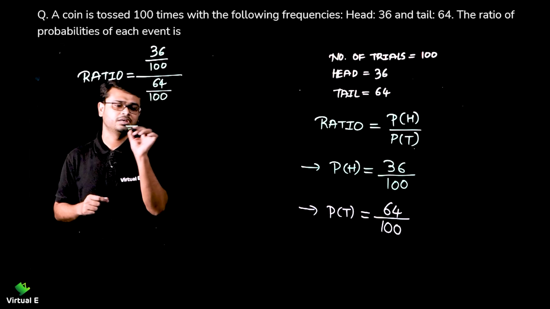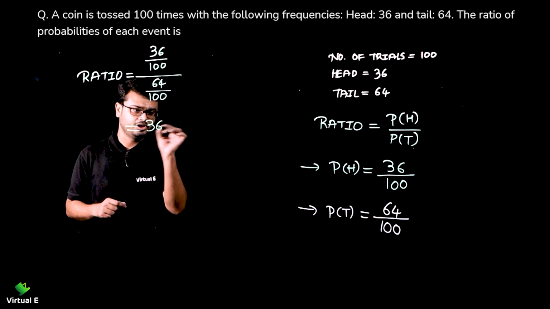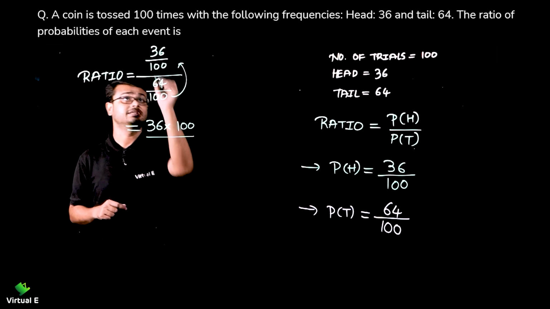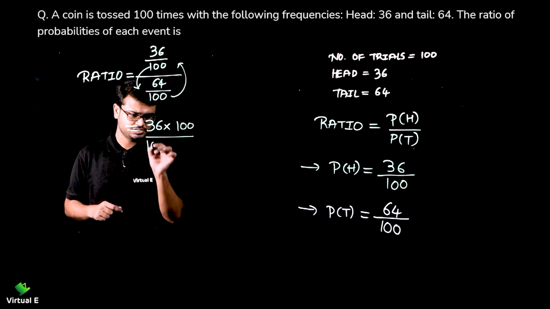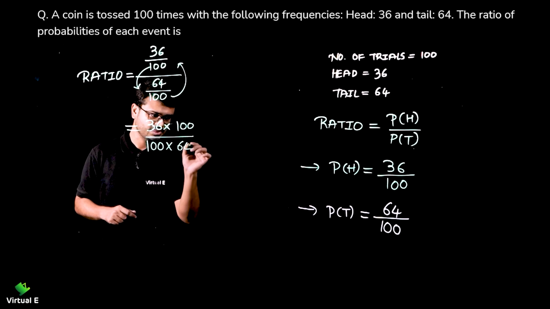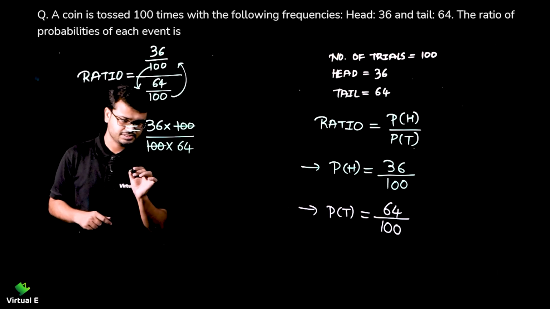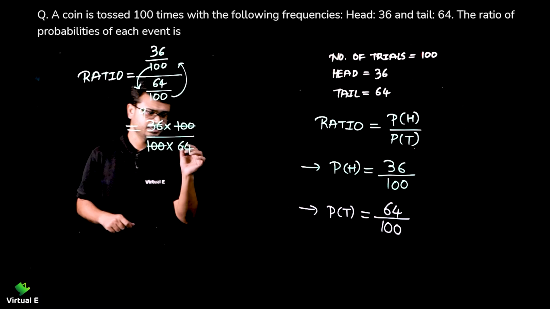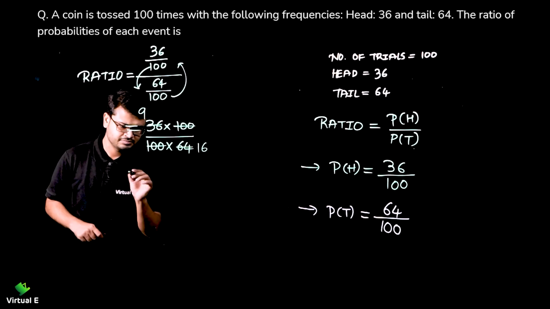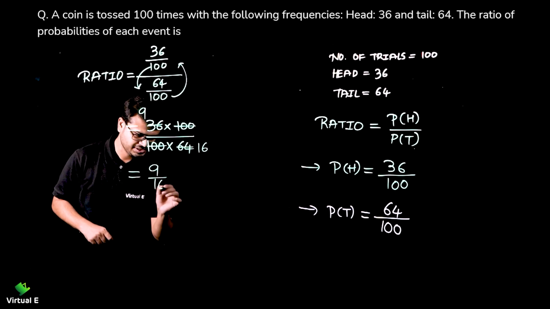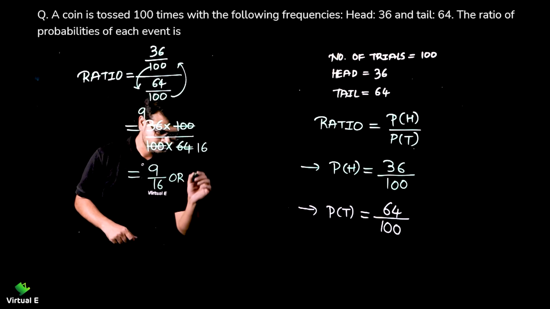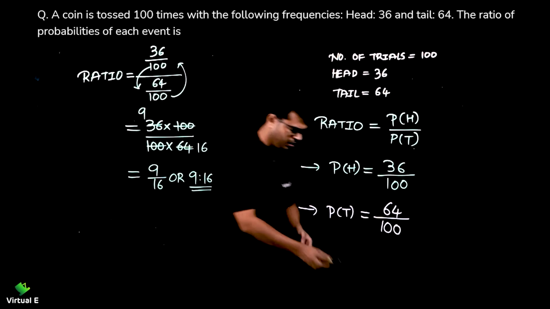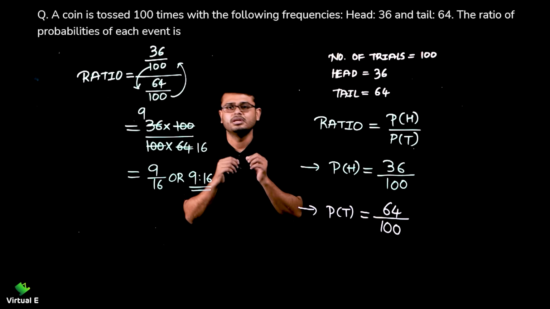So 36 in numerator, this 100 will come up, then this 100 will come down, so into 64. The 100s cancel. Now 36 and 64, here 4 9s are 36 and 4 16s are 64, so 9 by 16. 9:16 is the ratio of the probabilities of each event.